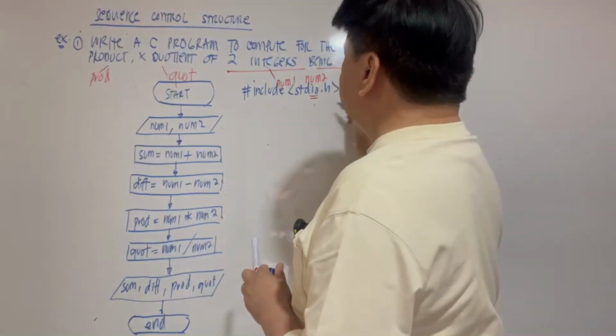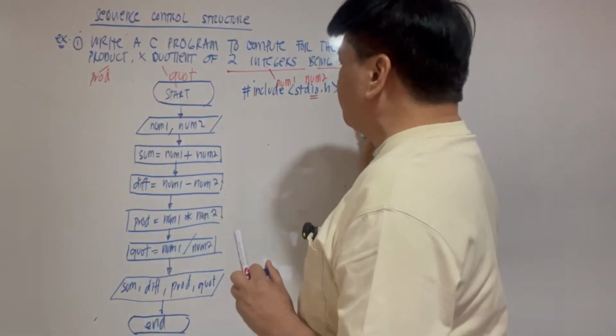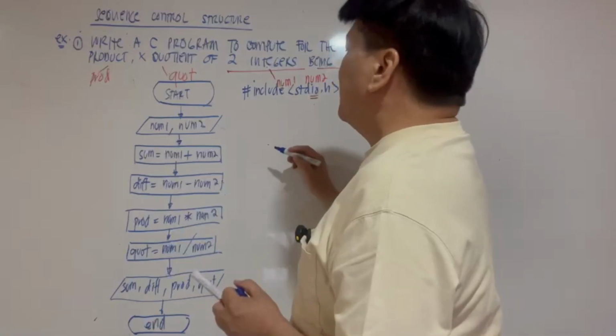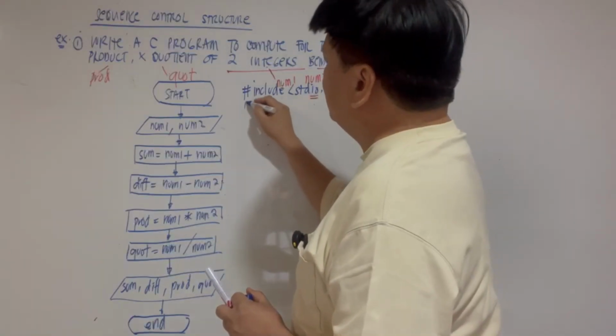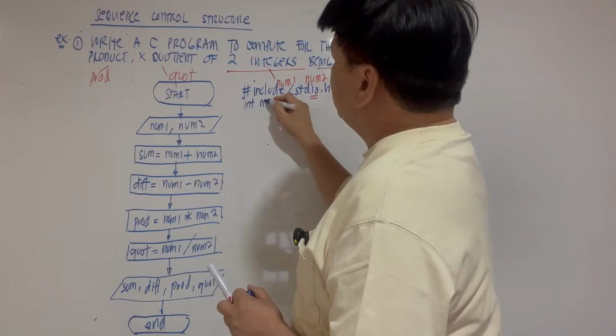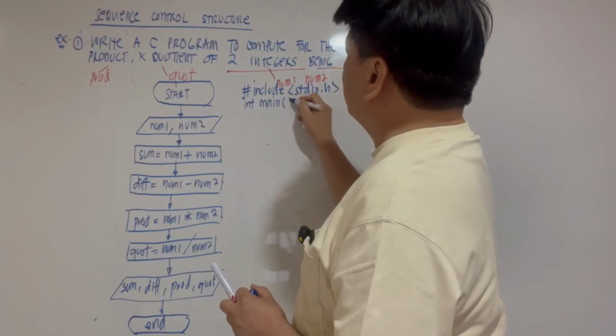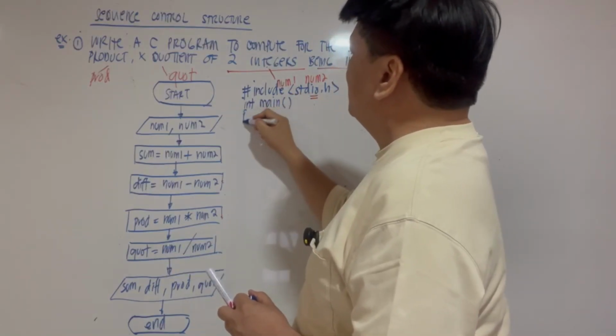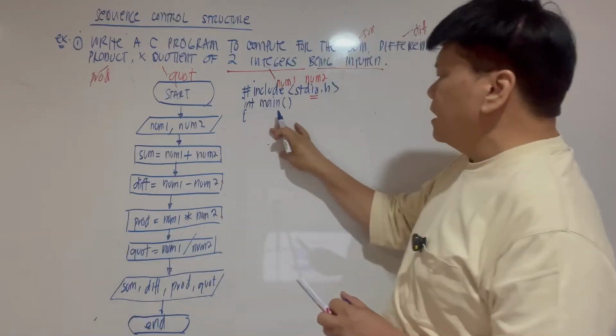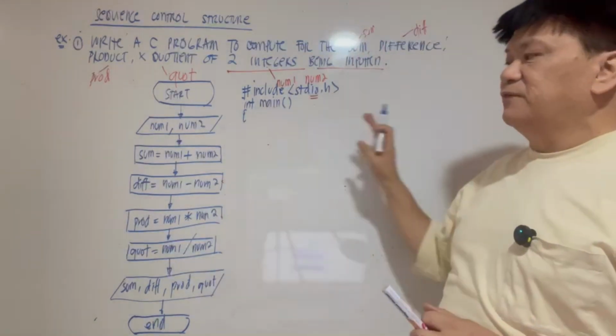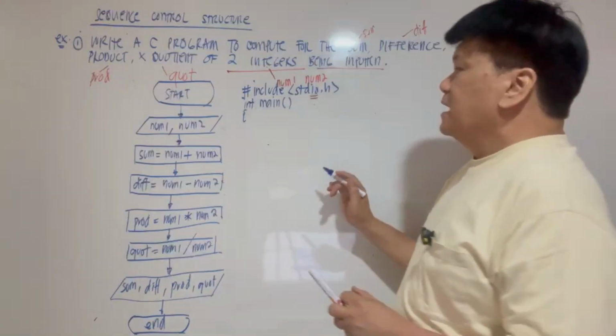And then the main entry point in a C program is main, open and close parentheses, then you have begin. Now this part is for the declaration of the variables that we use.